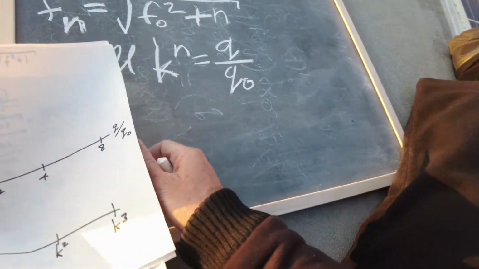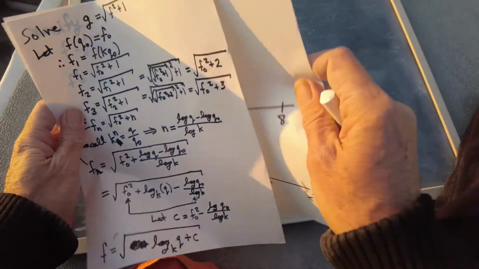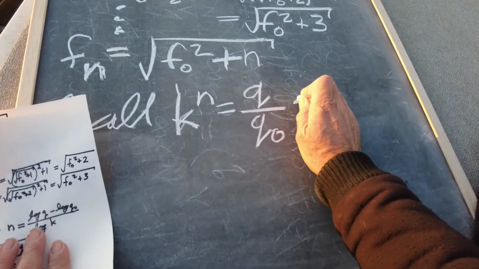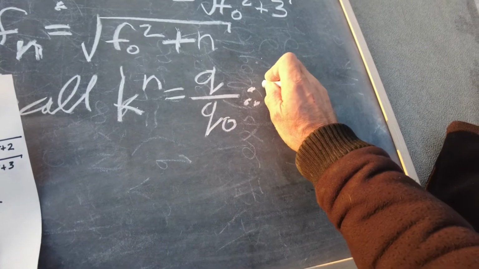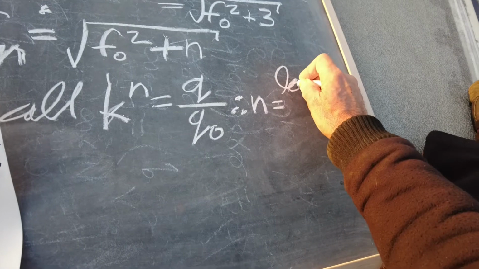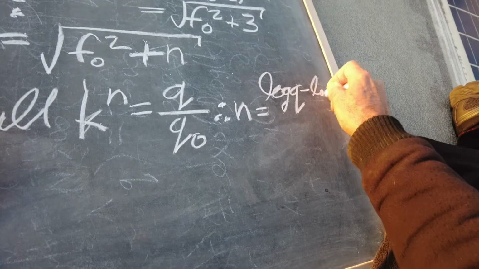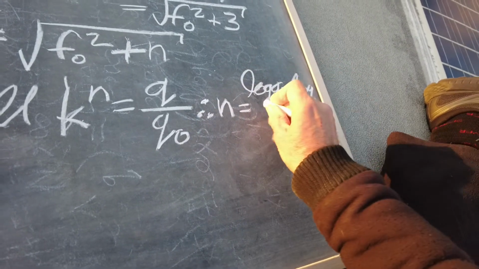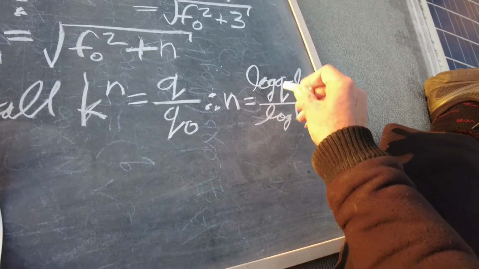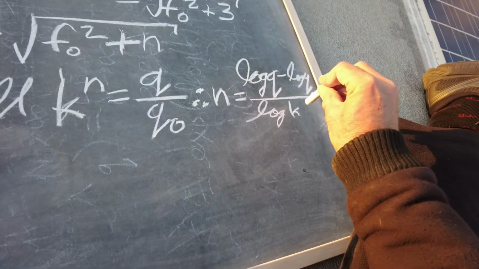So once you recognize that, you've got your key, or simply written in the other form that you would more readily use it, n equals log q minus log q0 over log k. So it's the logarithm of q minus the logarithm of q0, over the logarithm of k.